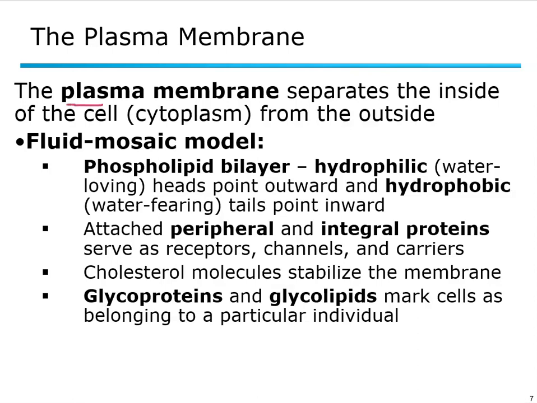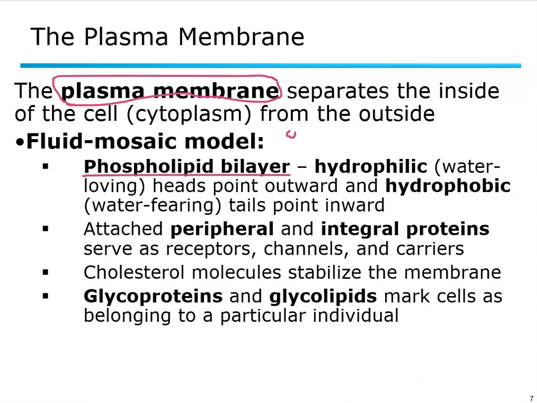As I mentioned, the plasma membrane is going to be separating the inside of the cell from the outside of the cell. And it's made mainly of a phospholipid bilayer. It's lipids. If you remember the classification for lipids, triglycerides are the most frequent ones. And then you have phospholipids, and then you have steroids. And this phospholipid bilayer has two poles.